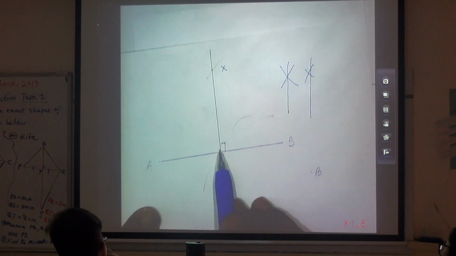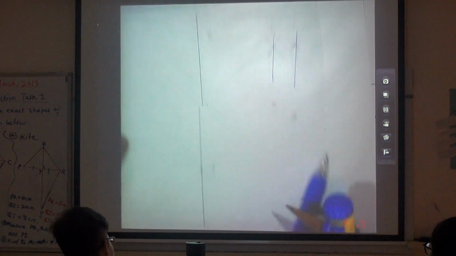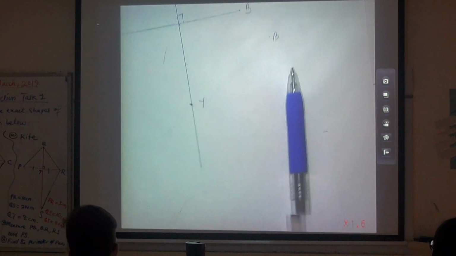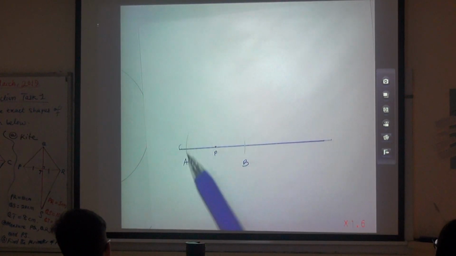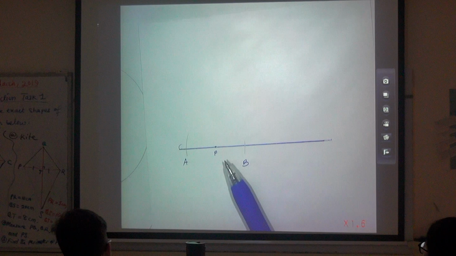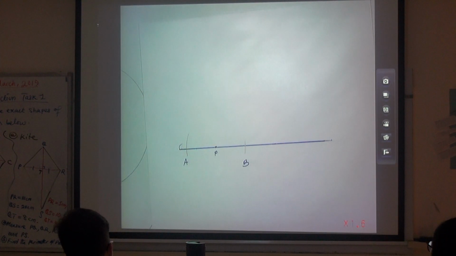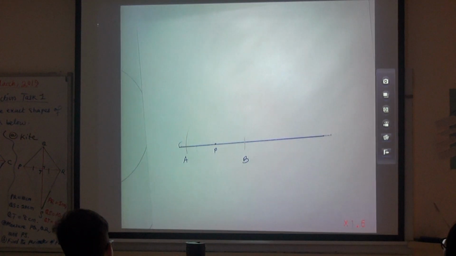But now you are starting from the middle. Remember, anytime you draw a circle, the distance from the center to any point is always the same. So instead of drawing a full circle, we just did the arc on this side and this side. Because the gap from P to A will be the gap from P to B. So you have created your center for AB, not for the entire line. And you don't need to care about the entire line. Does this make sense? So that's the logic.